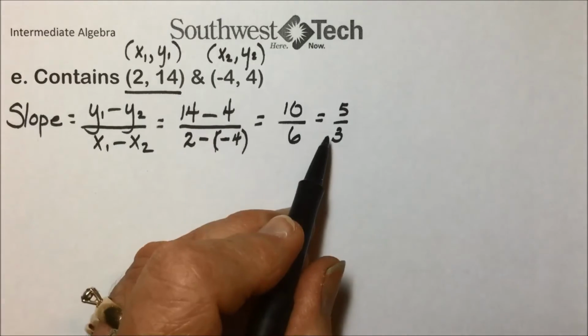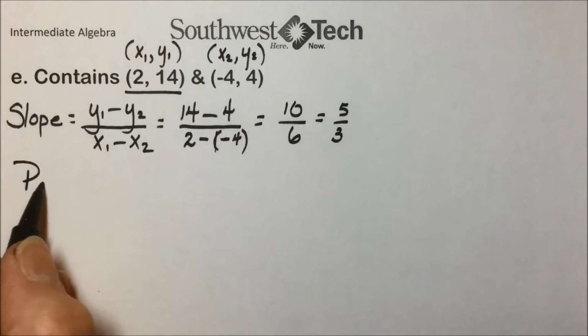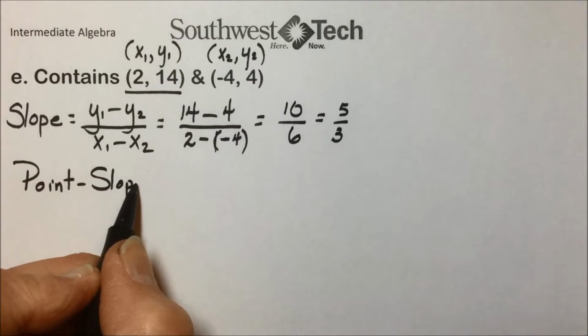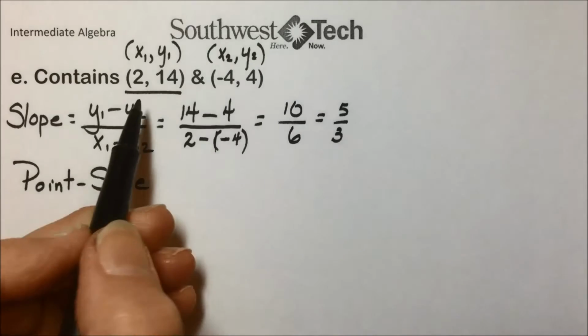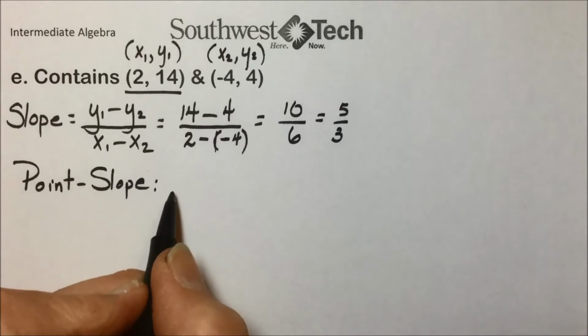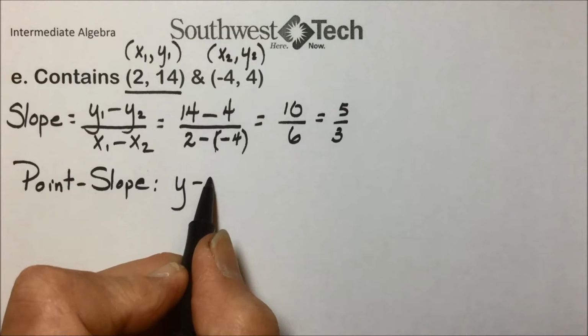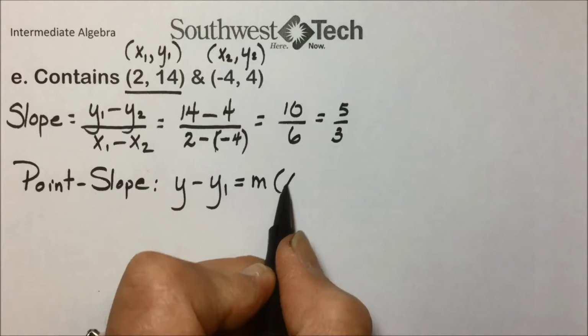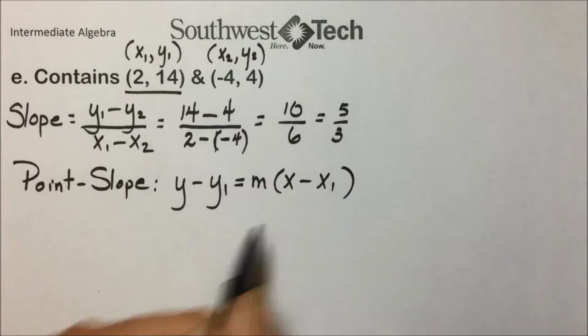We have a point, we have a slope, we will use point-slope to generate the equation of the line containing these 2 points. And the point-slope formula is y minus y sub 1 is equal to m times x minus x sub 1.